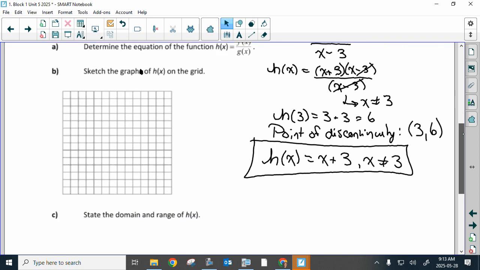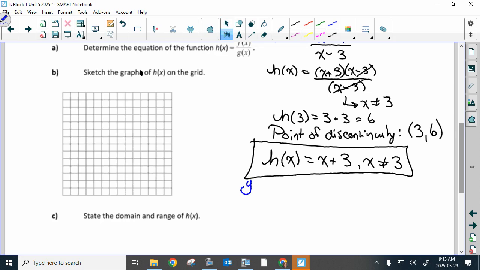And again, even a linear function, you can find your y-intercept, right? So h of 0 is equal to 0 plus 3. So h of 0 is equal to 3. X-intercept.